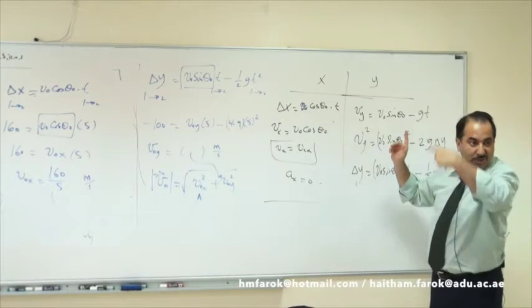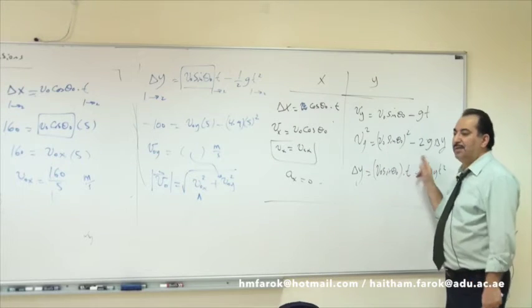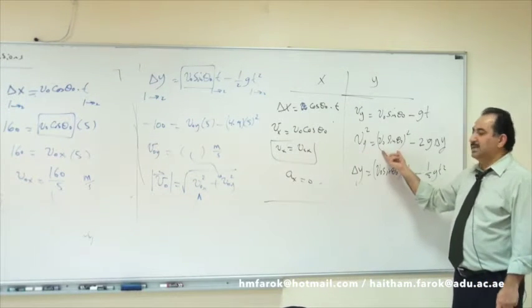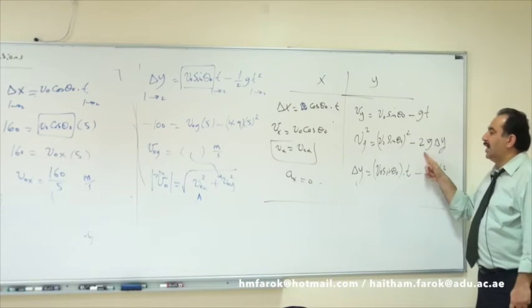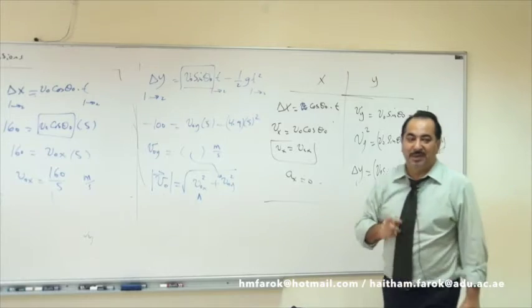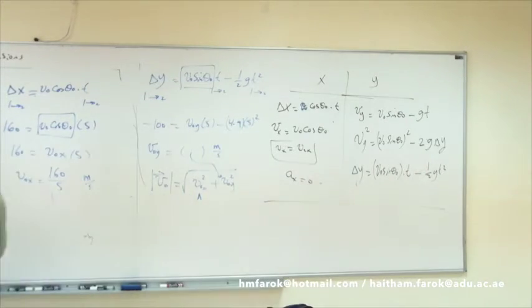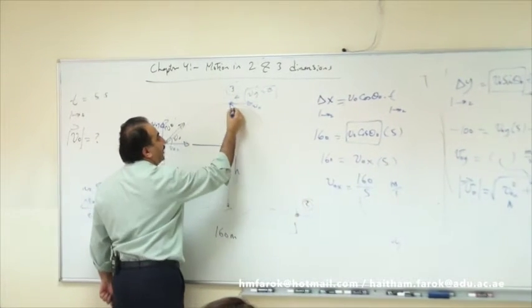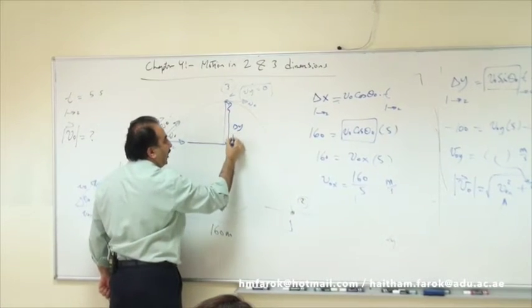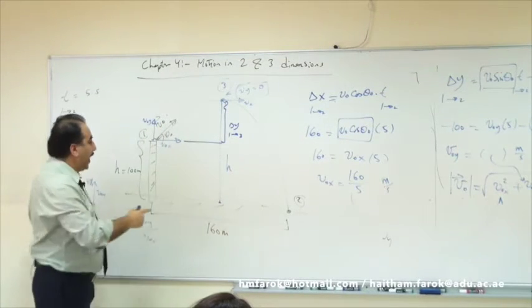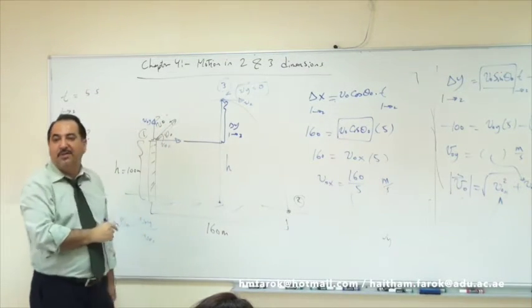But remember, you need h, yes? Let's go for this one. When I put this one 0, this is known. What can I calculate between 1 and 3? But this is not h. So when I do the calculation between 1 and 3 and find delta y from 1 to 3, I add it to the height of the building.